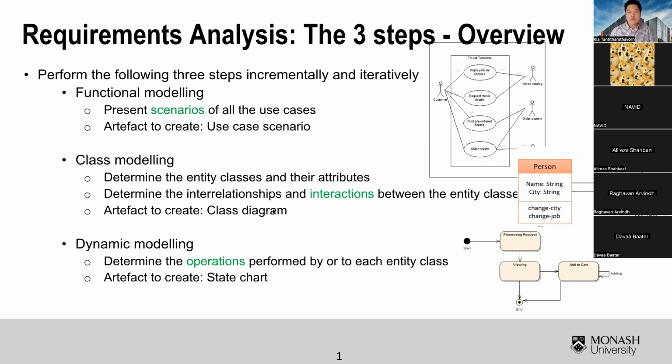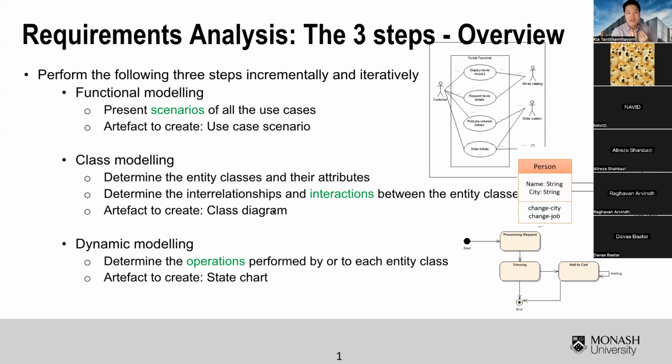Right. And once we identify the use cases, these are the features of the software system and who we interact with, then we can come up with the classes and the class diagram. That's class modeling, right? So we determine the classes and what the attributes are, not just the attributes, but the actions, the methods as well, the behavior of each class.